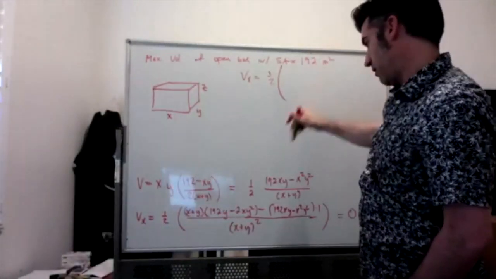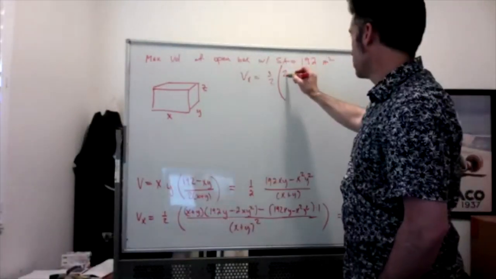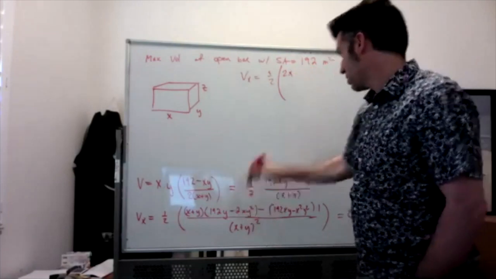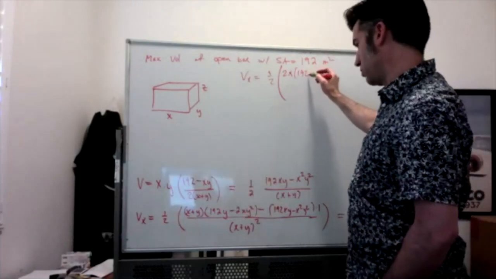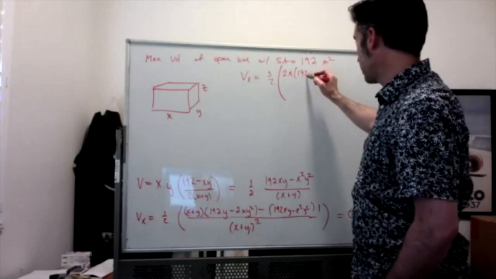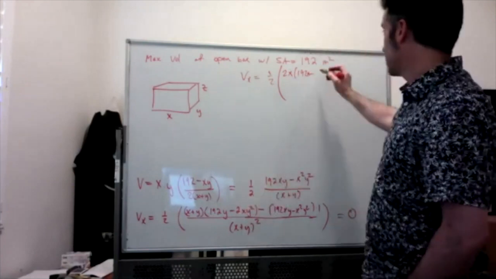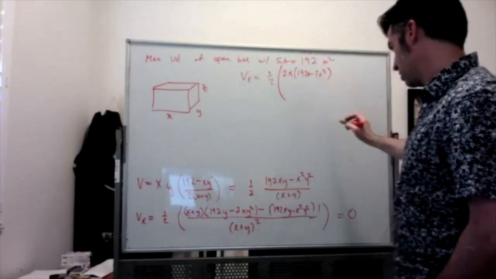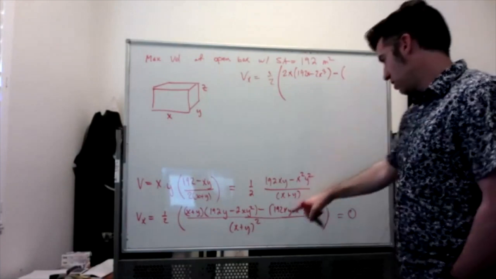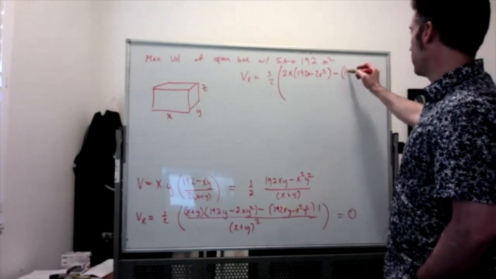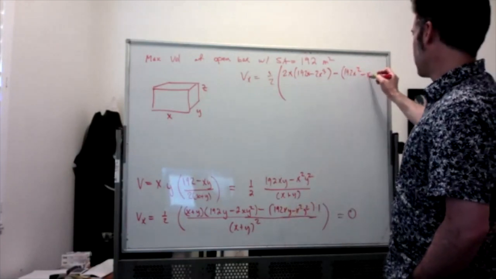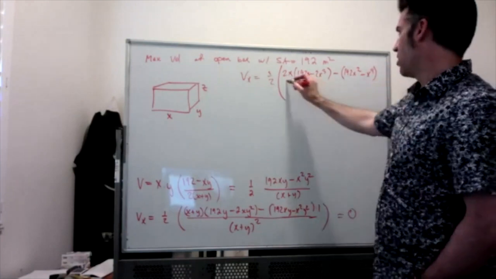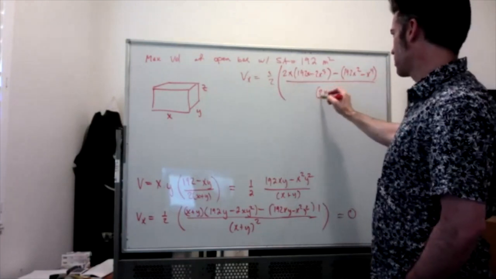I'm going to have 1/2 times a 2x times 192x minus 2x cubed, minus 192x squared minus x to the 4th, all over 2x squared.